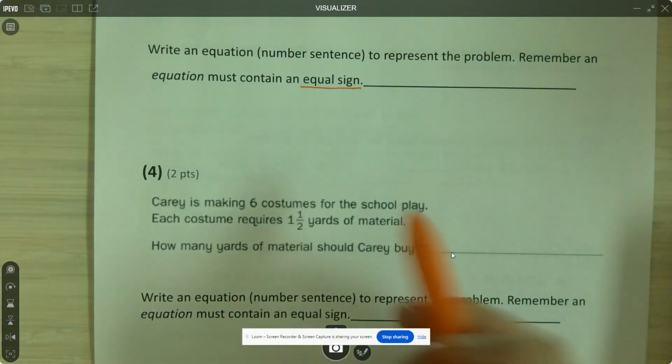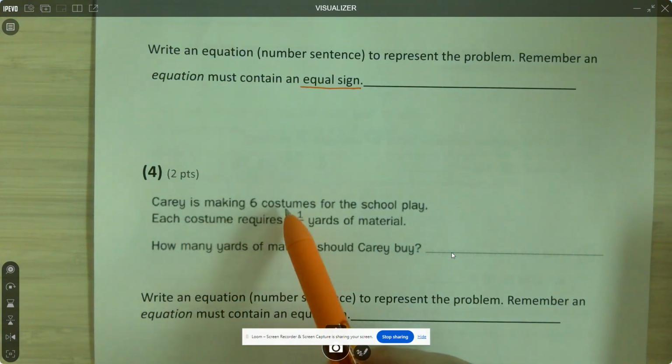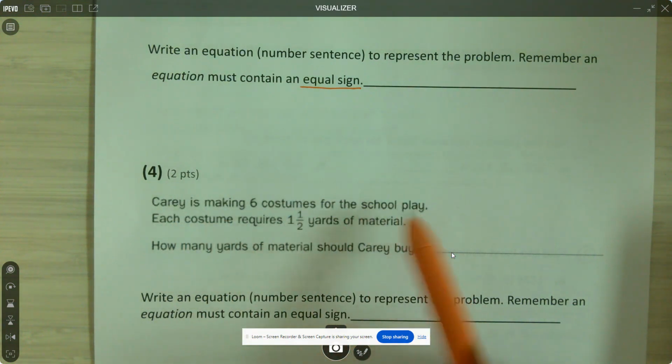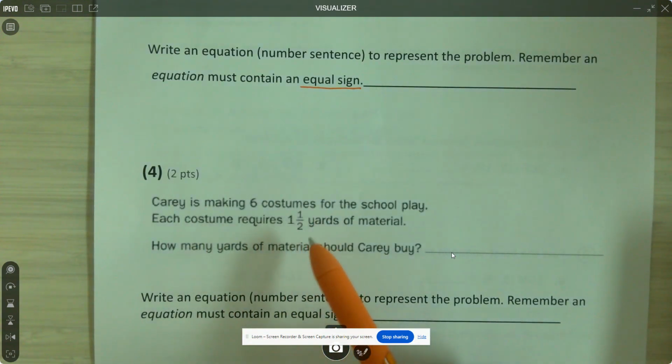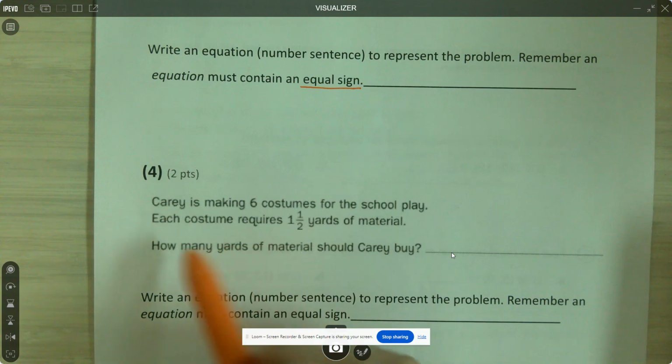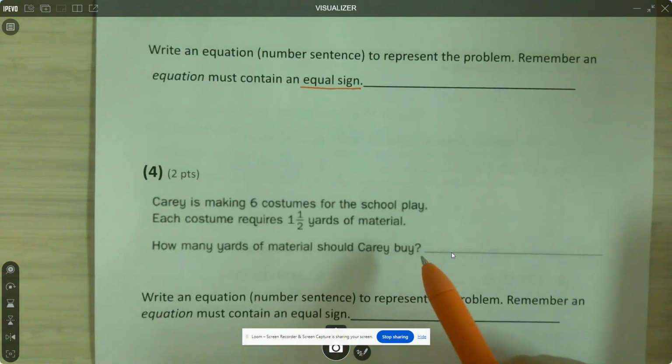Okay. Then number 4, it says Carrie is making 6 costumes for the school play. Each costume requires 1.5 yards of material. How many yards of material should Carrie buy?